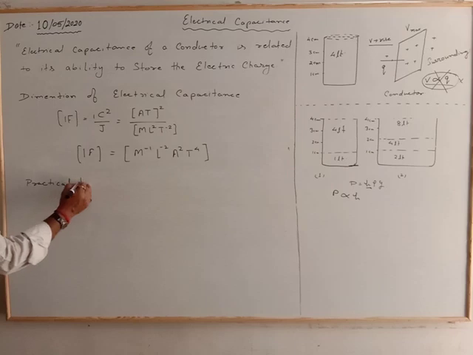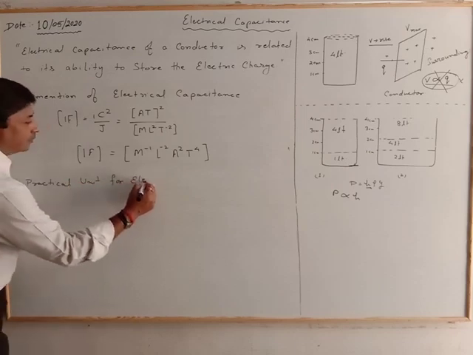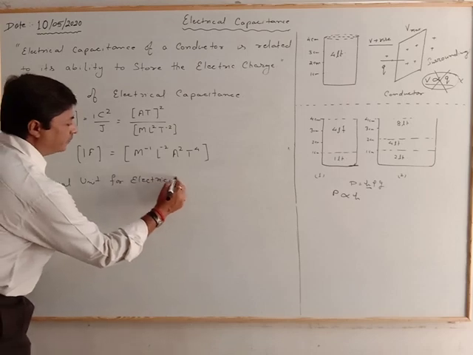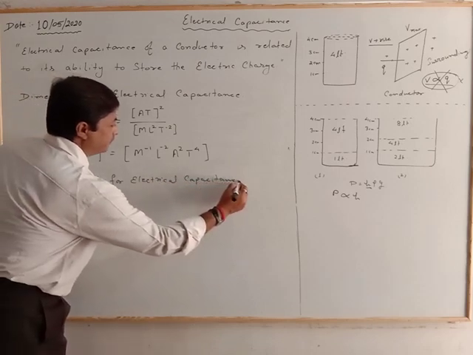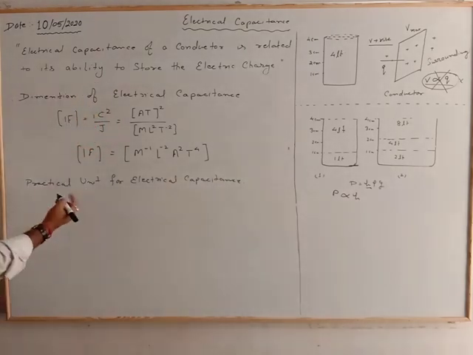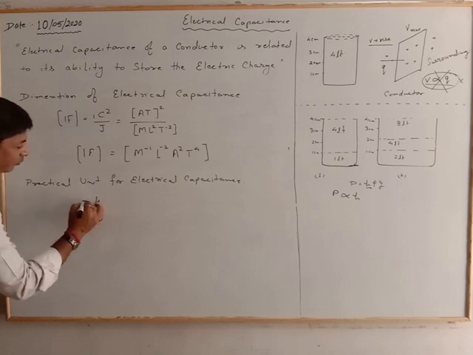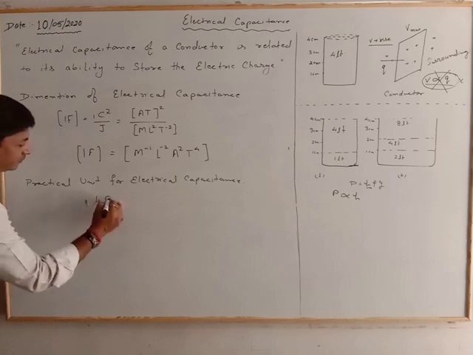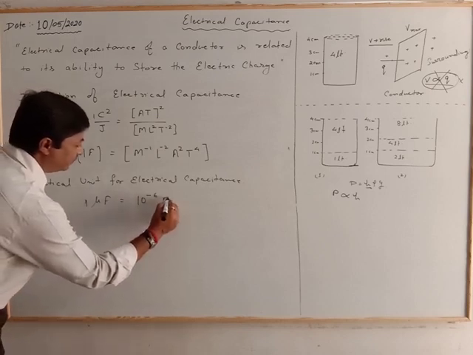The practical unit is the microfarad: 1 microfarad is equal to 10 to the power minus 6 farad.